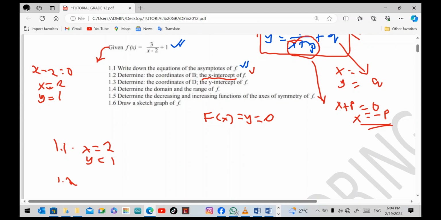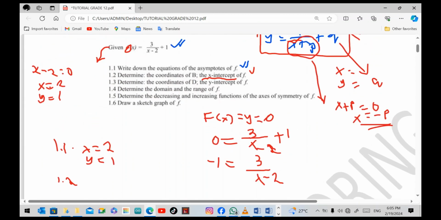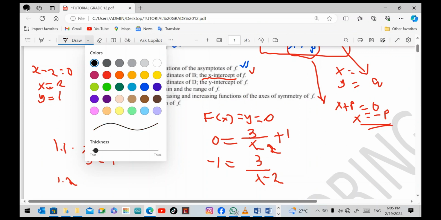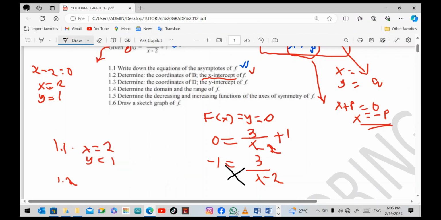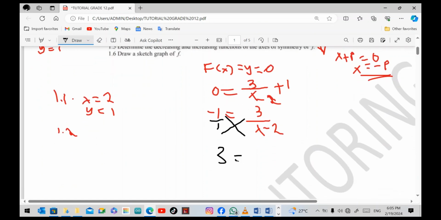So now 0 is equal to 3 over x minus 2, plus 1, right? We just have to place 0 here because we're looking for x. Now negative 1 is equal to 3 over x minus 2, right? So now we have to do cross multiplication. So that will be this multiplied by this, multiplied by this. Here there is an invisible 1. Now 3 is equal to negative 1 multiplied by everything that is here.